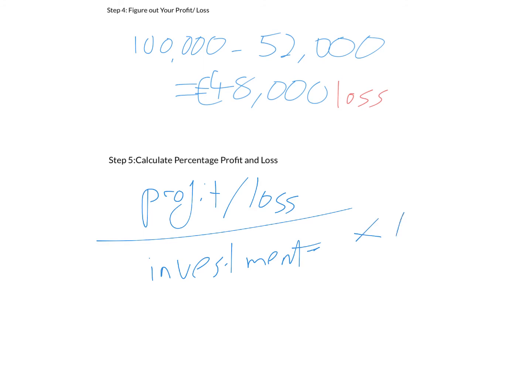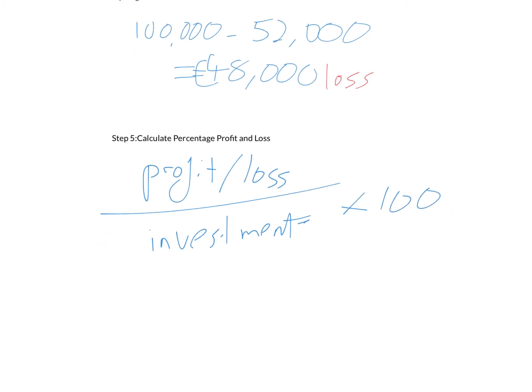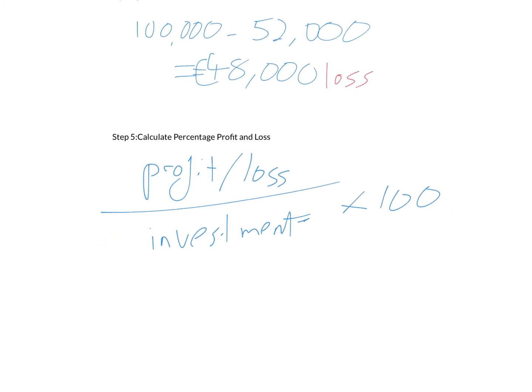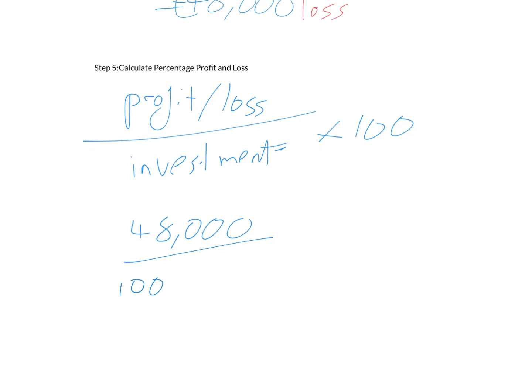And we're going to multiply that fraction by 100 to turn it into a percentage. So for us, our loss, unfortunately, was 48,000 euros. And our investment was 100,000 euros. We're going to multiply that by 100 in our calculators. That's going to give us a 48% loss for this one.